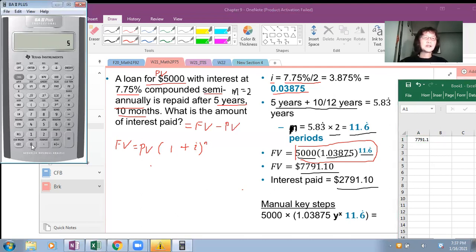Again, 5,000 times bracket 1.03875 raised to the power y^x, and then 11.666667.